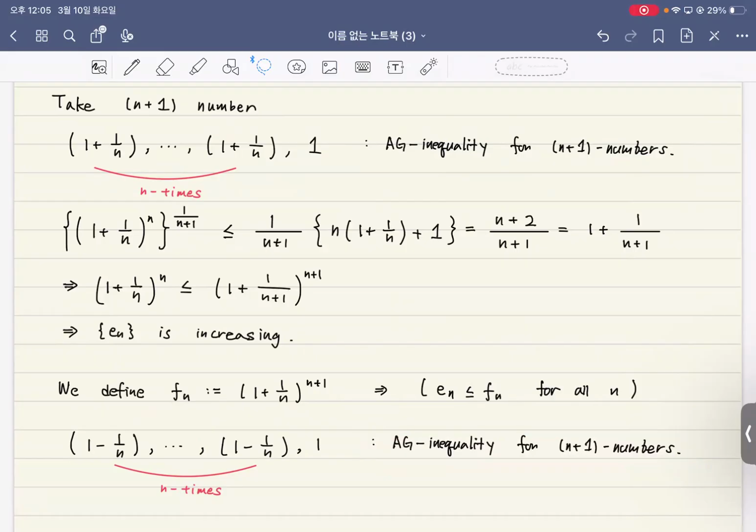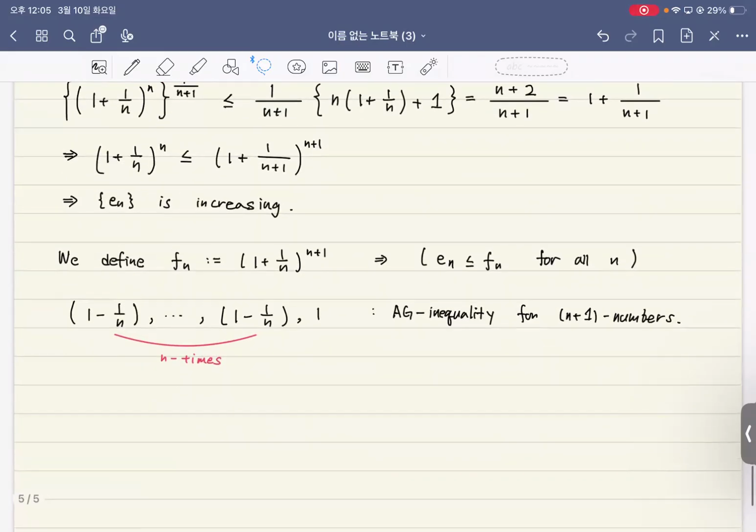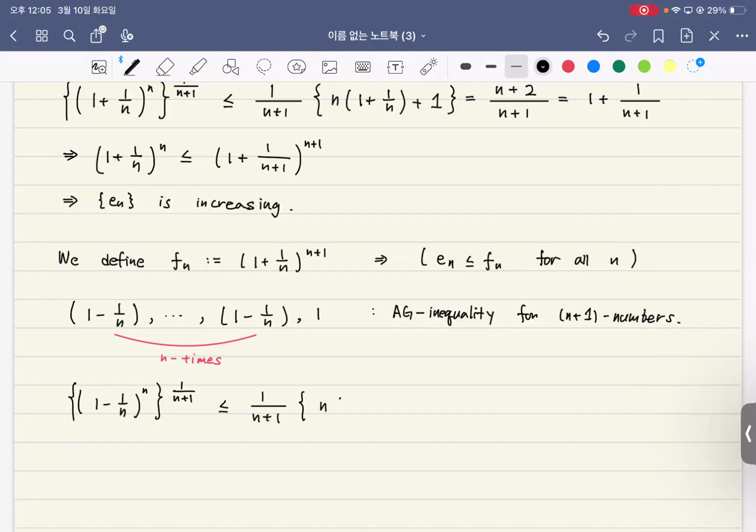And this is, the geometric mean is 1 over n to the nth, everything to the 1 over n plus first power, is less than or equal to 1 over n plus 1 times n times 1 minus 1 over n plus 1.